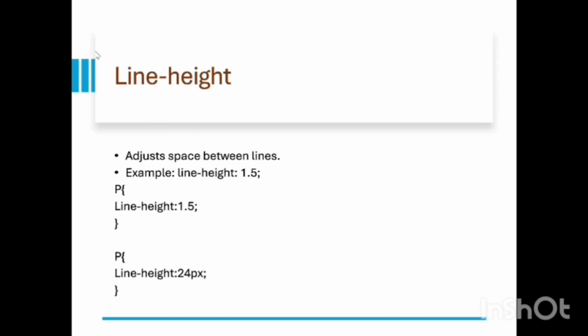You can also use other values like 1, which is tight spacing, 1.5, which is good for paragraphs, and 2 for most spacious. You can even set it in units, like a line height of 24 pixels. But using unitless values like 1.5 is more flexible and works better across different screen sizes.